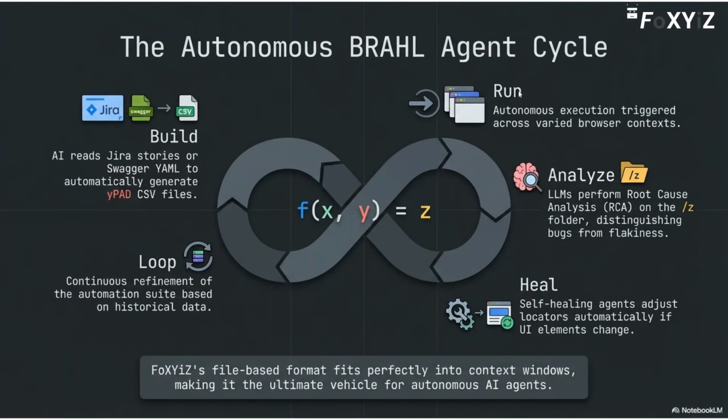You build, you run, you analyze, you heal, you redo it. When we come back to build, your stories or your functional requirements, your PRDs might have changed. Then you run again, then you analyze, then you see how to fix them and solve it or log defects and again repeat.